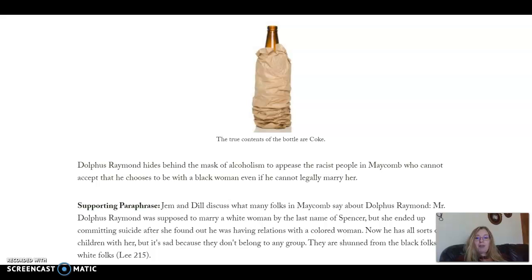And he's okay with that because he realizes that the people in Maycomb cannot fathom or understand why he chooses to be with a black woman. Racism divides people so deeply and is embedded in that culture so severely that they cannot understand this. But he still chooses to live with this black woman, even though during this time he cannot legally marry her.